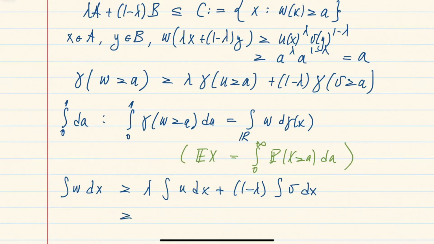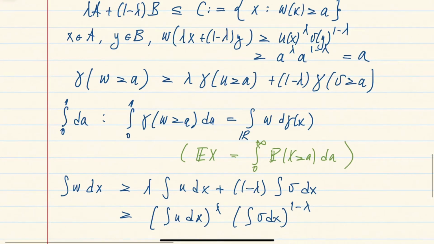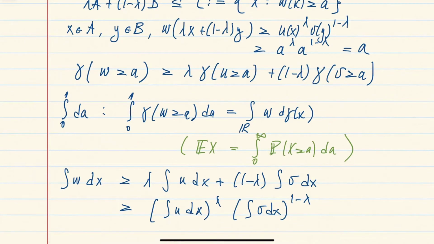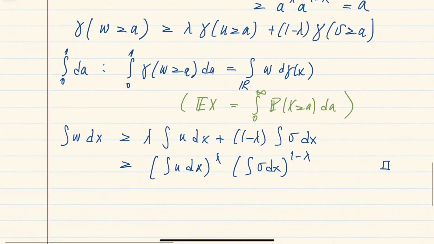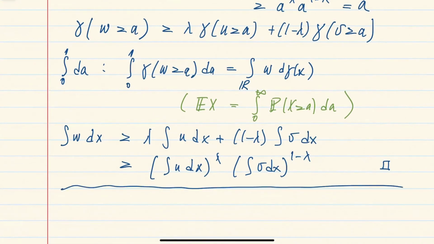That this arithmetic mean is greater than the geometric mean, that is, integral of u to the lambda times integral of v to the power 1 minus lambda. Okay. And so this concludes the proof of the one-dimensional case n equals 1. Then one can just use induction on n to prove this for all n. Okay, so that finishes the proof of this Prekopa-Leindler inequality.